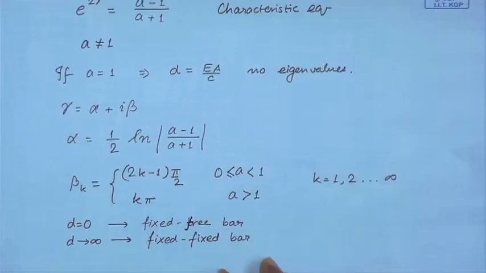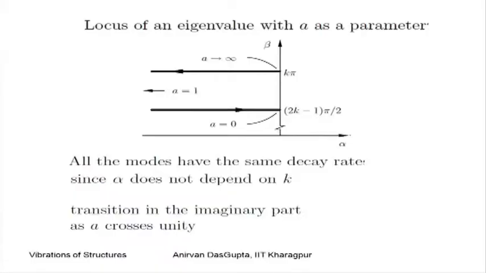Now, in this slide I have plotted the variation of alpha and beta, the solutions of gamma, the real part and the imaginary part, as a varies. When a is 0, we have a solution here. a will be 0 when the damping is 0, which means it is a fixed free bar, while a is infinity when d is infinity, so this is a fixed bar.